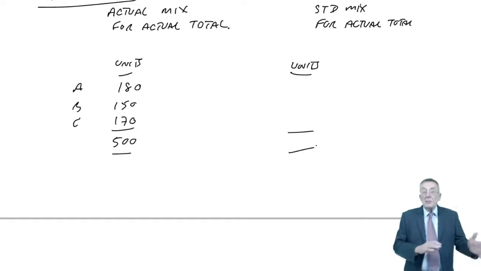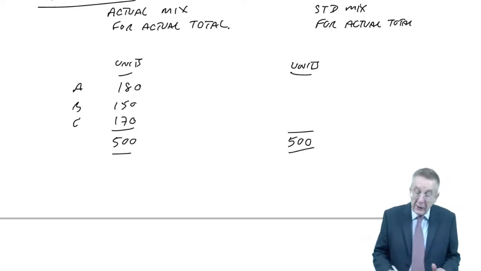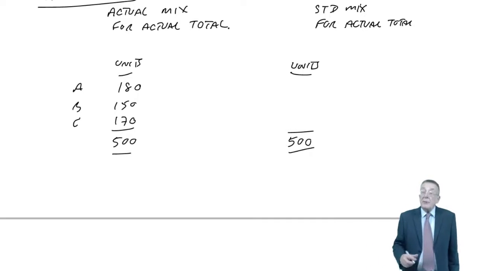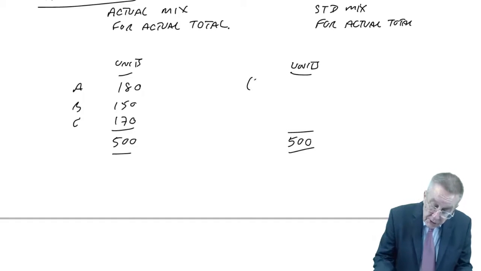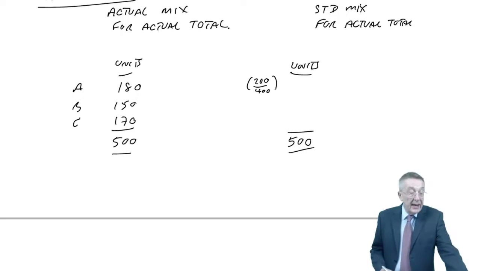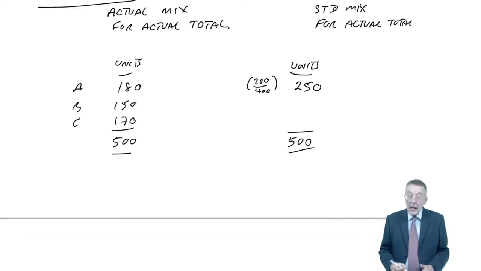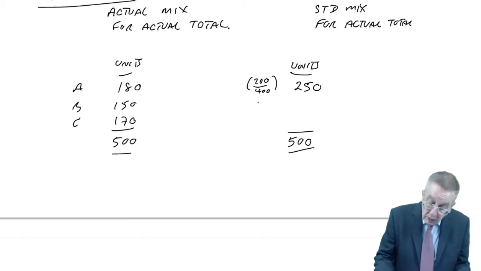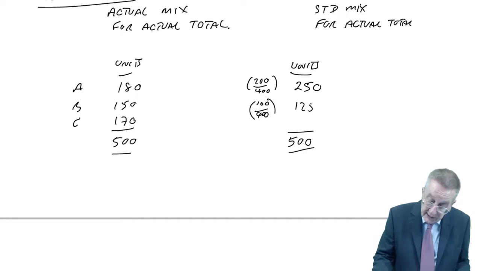For the moment, I don't care whether that's more or less than we'd expected, but how should we have sold those 500 if we'd have kept to the budget mix? If you look at the budget, out of 400, 200, that proportion, half of them, should have been of A. So out of 500, half of them, 250, should have been A. 100 out of 400, or a quarter, should have been B. Out of 500, that's 125.